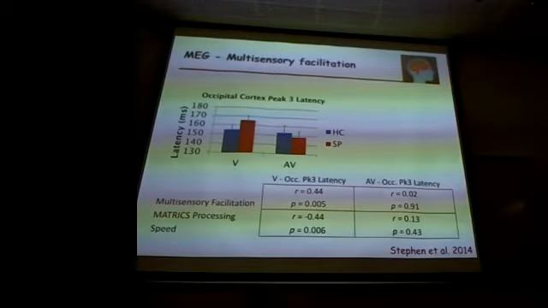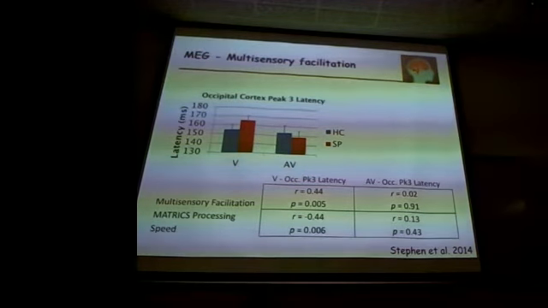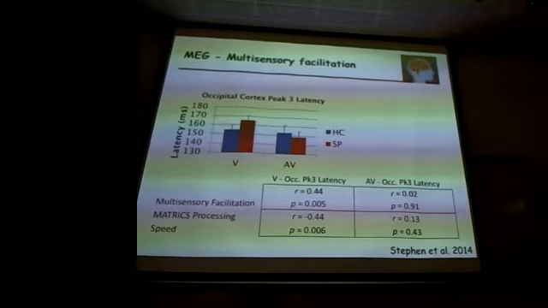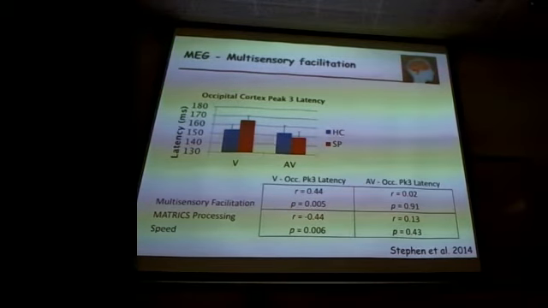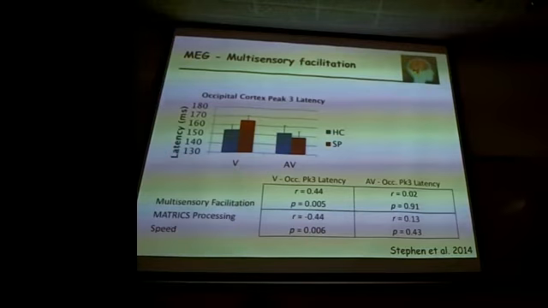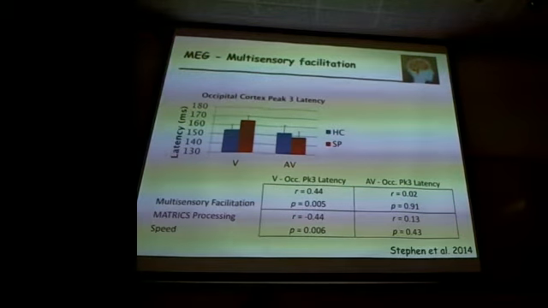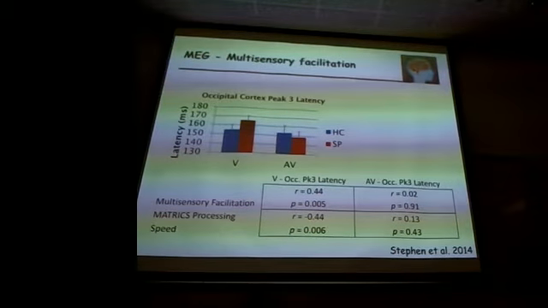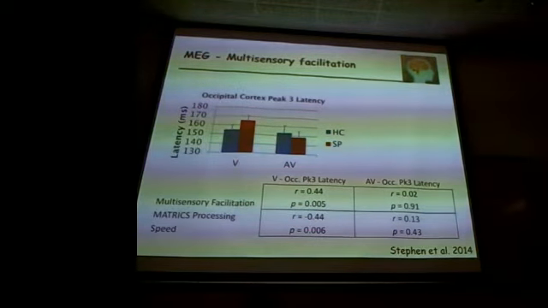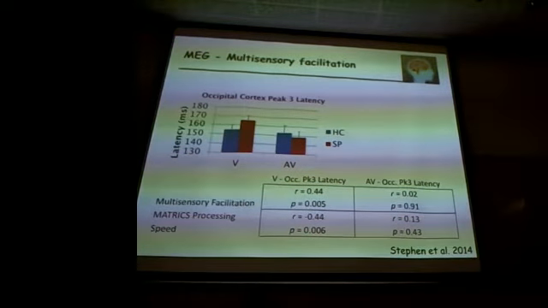So now this is the MEG data, even though it looks similar to the behavioral data. This is now looking at that peak 3 latency for the visual alone response, so the visual stimulus, peak 3 latency, and then the multisensory response. So how does the visual cortex respond when you both hear and see the stimulus?